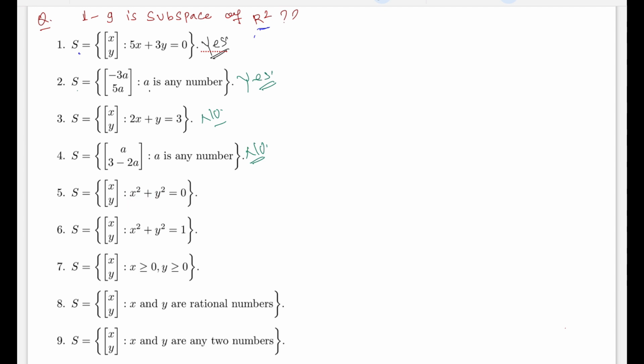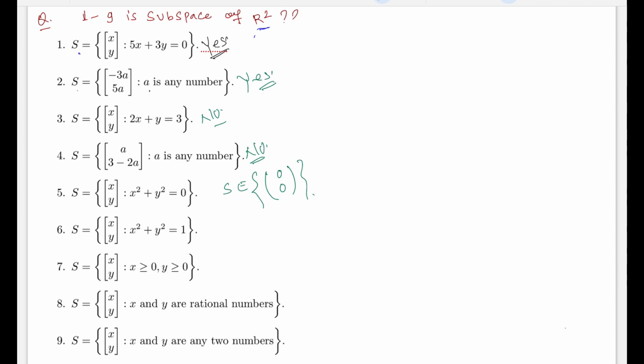There is only one element in this set if you look carefully. If you take any number greater than 0, this condition will not be satisfied, and if you take any number less than 0, it will not be satisfied either. So for this particular set, only one element is there, that is the 0 0 vector, right?